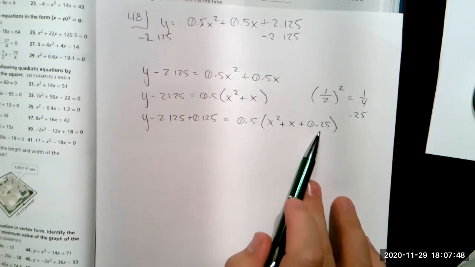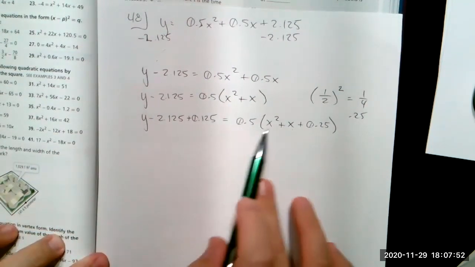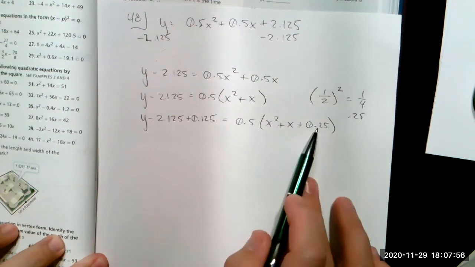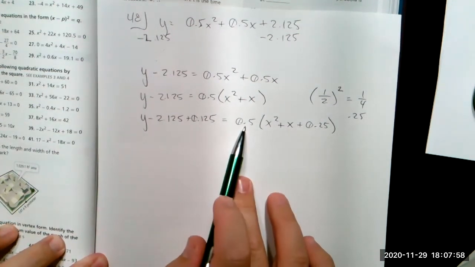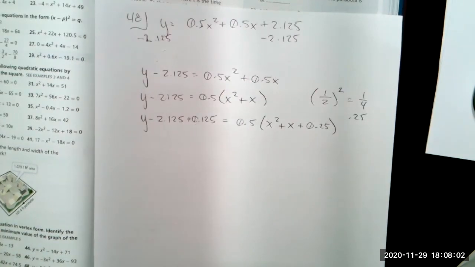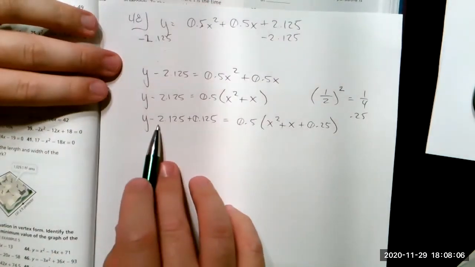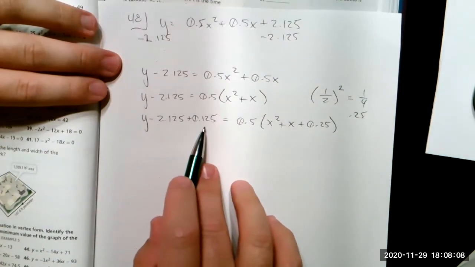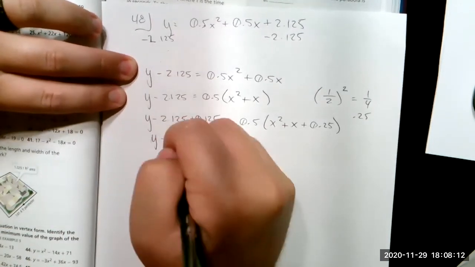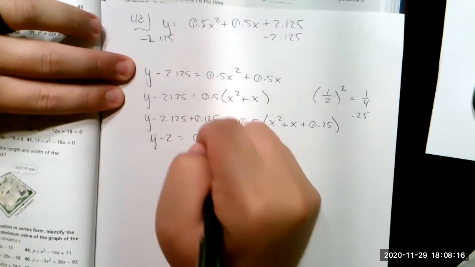Not just 0.25, I'm adding 0.125. Because again, if I distribute that, bam, bam, 0.25 times 0.5, when I multiply those together, it's actually 0.125. So I have to add that to the left. Clean this up a little bit. Y minus 2.125 plus 0.125. That's going to be y minus 2 equals. I'll still have that a value on the outside.